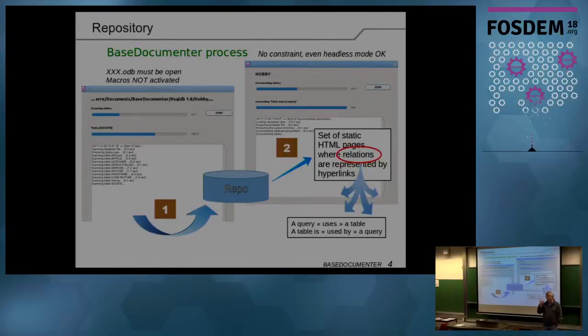So the database is scanned, it is the first step, and everything is stored in the repository. It is in the second step that it will produce the report. You can change them, of course, but it is a second step because you can opt for making the report, for instance, for all available databases at once.